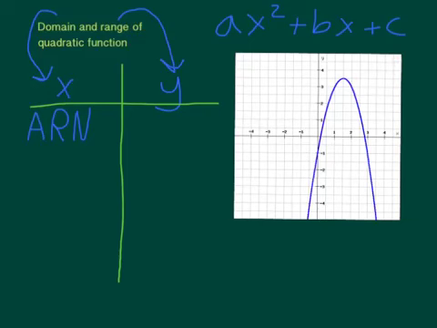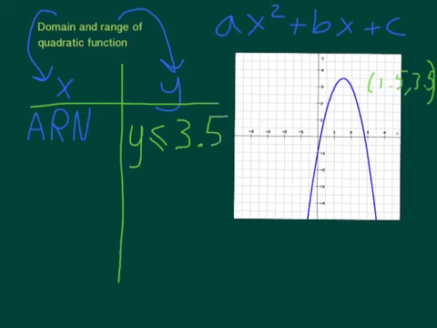This function only exists down here on my y-axis. So this is the function from before. The vertex was 1.5, 3.5. To get the range, I'm always looking at the y. So for my range, I can see that y must be smaller than or equal to 3.5.